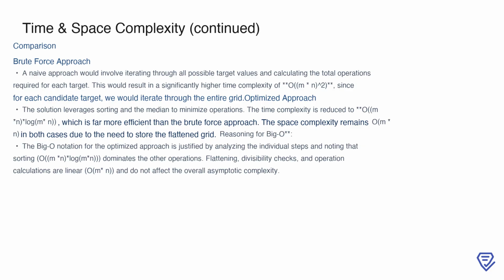In contrast, the optimized solution leverages sorting and the median to minimize operations, reducing the time complexity to m*n log m*n. The space complexity remains m*n in both approaches because we need to store the flattened grid. The dominance of sorting in the optimized approach justifies its big O notation, as the linear time steps like flattening and calculating operations do not impact the overall asymptotic complexity.